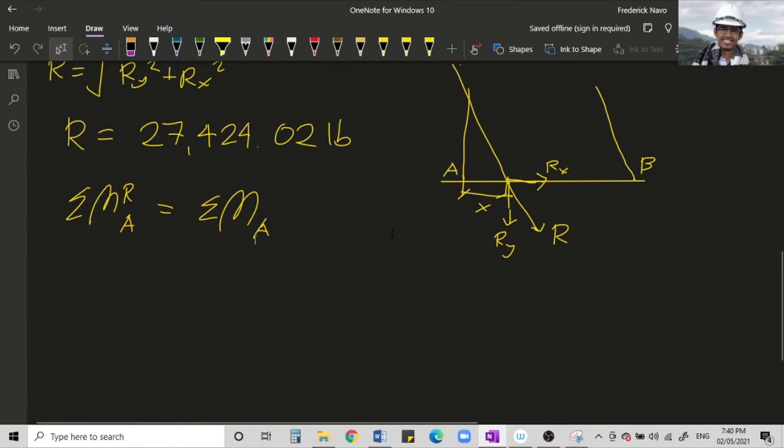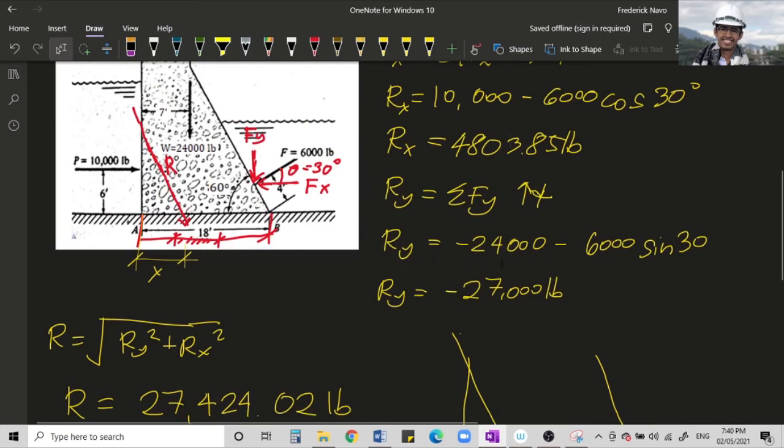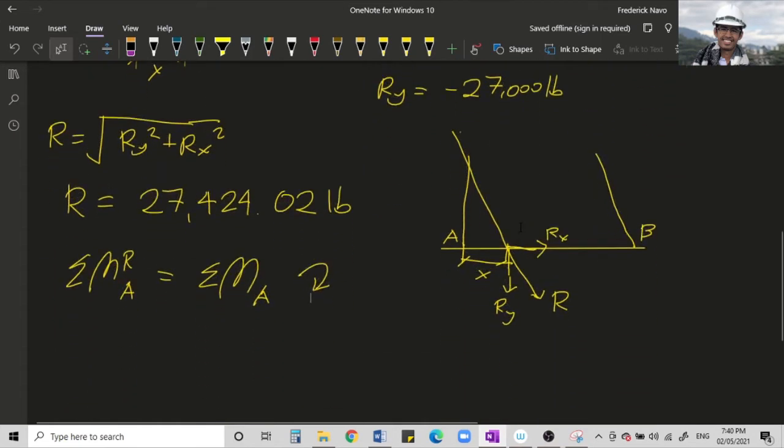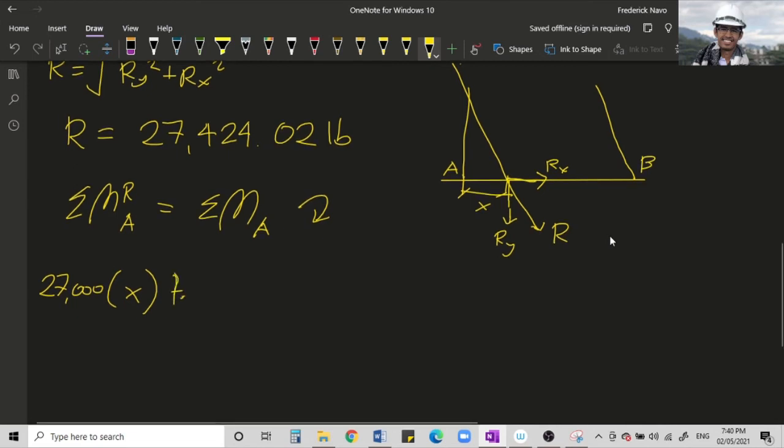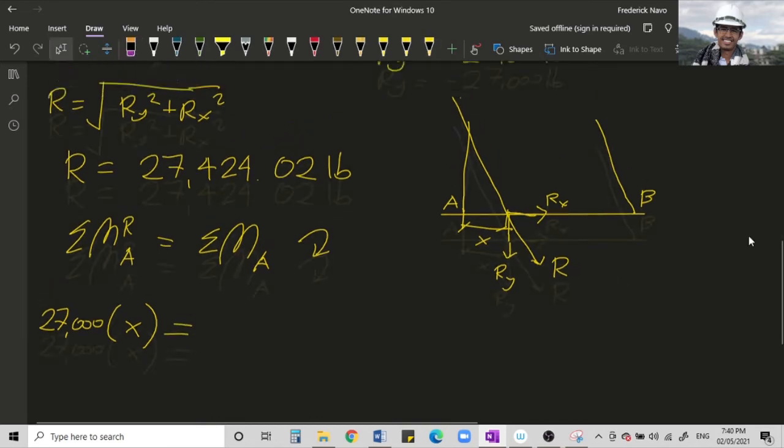We will take clockwise as positive. So, our Ry is negative 27,000 pounds, or 27,000 pounds downward. So, clockwise yung direction niya. So, that will be Ry, 27,000 times X. Tama? Is equal to the summation of our 3 forces.